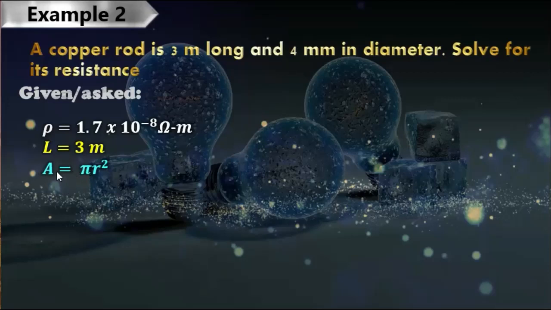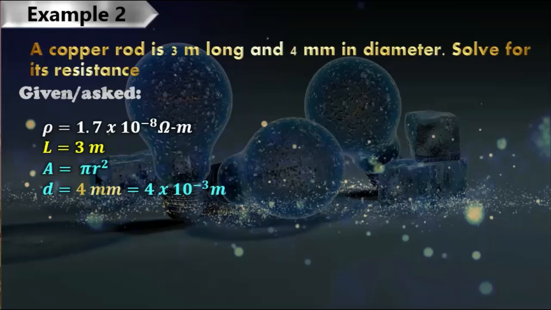So for us to get the area, this is the formula, pi r squared, and what's given is the diameter in millimeter, which is 4 millimeter, and remember this should be in meters. So 4 millimeters is equal to 4 times 10 raised to the power of negative 3 meters.